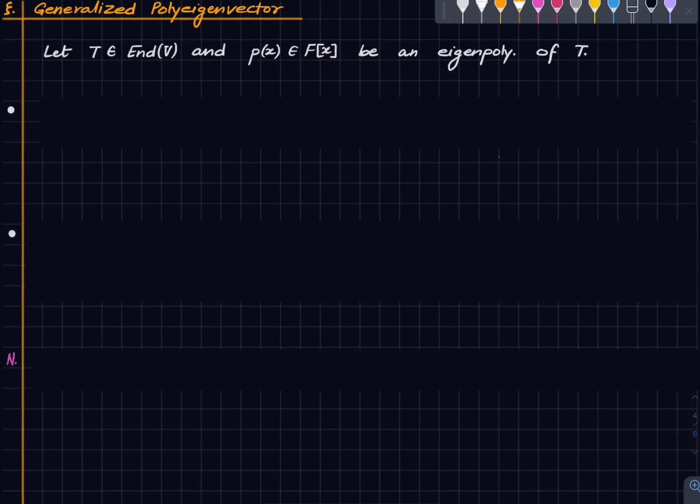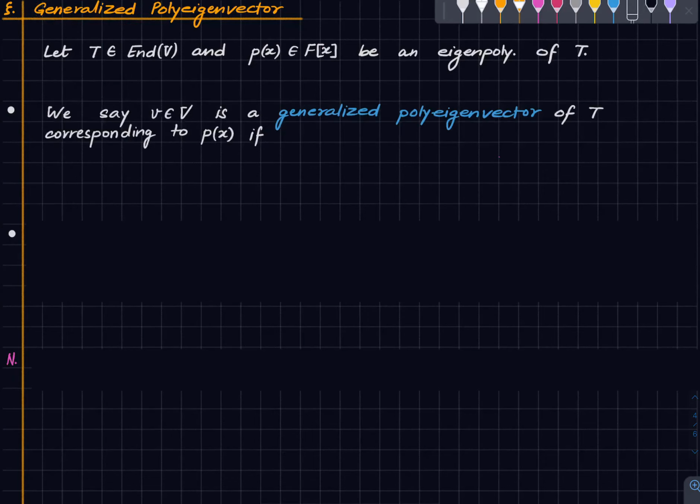Now we will discuss a further generalization, generalized polyeigenvectors. So fix an endomorphism T and an eigenpolynomial of T. We say that a vector v is a generalized polyeigenvector of T corresponding to the eigenpolynomial if the vector lies in the kernel of P(T)^n for some n.